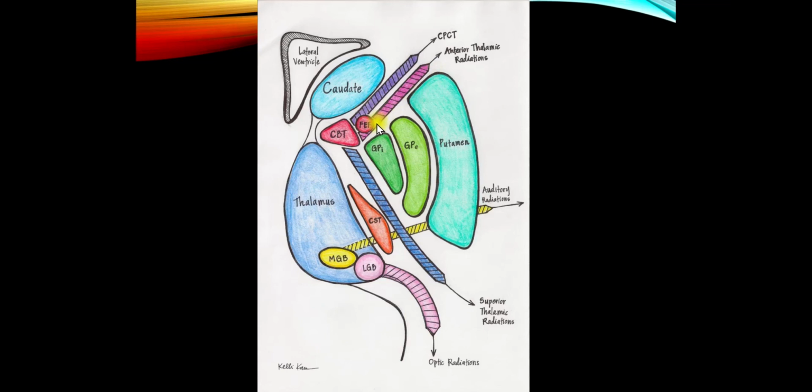The anterior thalamic radiations, this is part of Papez circuit, that connection between the anterior nucleus of the thalamus going up to the cingulate gyrus. Travels right here in the anterior limb. And then finally, the pathway from the frontal eye fields that is involved in coordinating eye movements is right here.